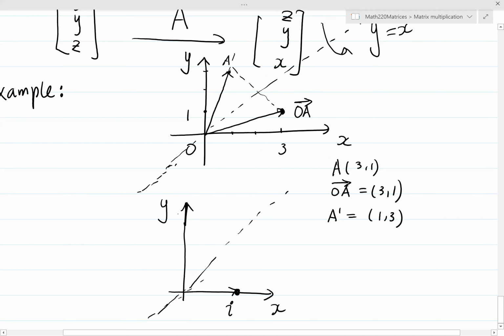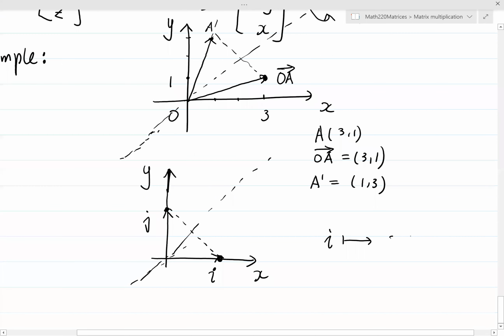Anyone know? J. If we flip I, flipping the x-axis, we get the y-axis. We flip I, we get J. And similarly, we flip J, we get I.